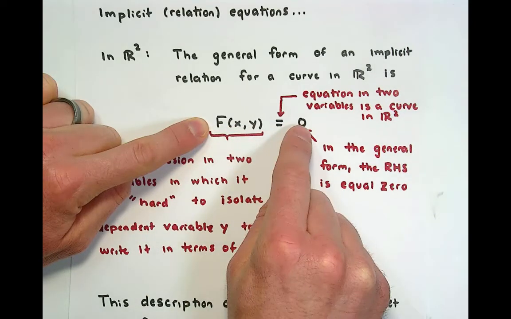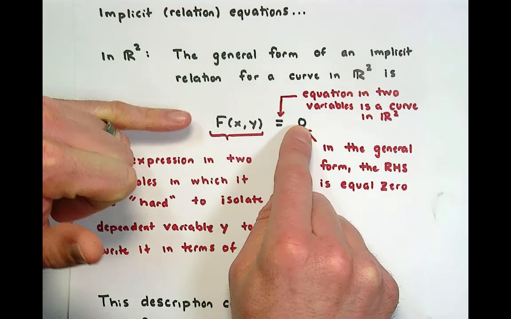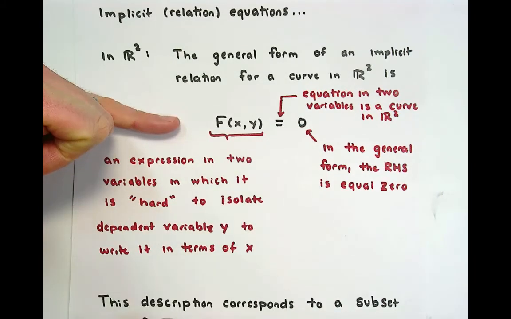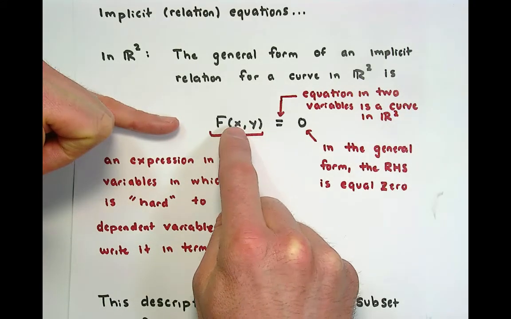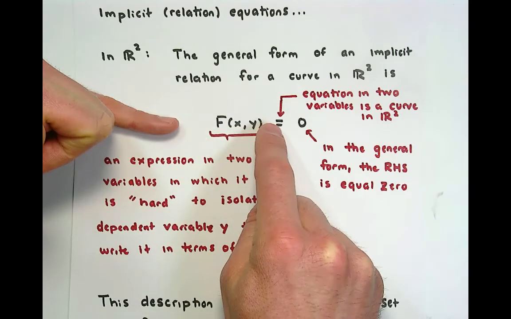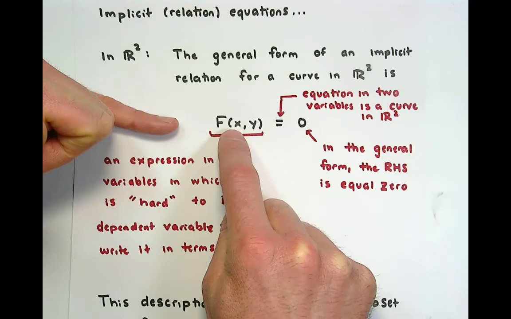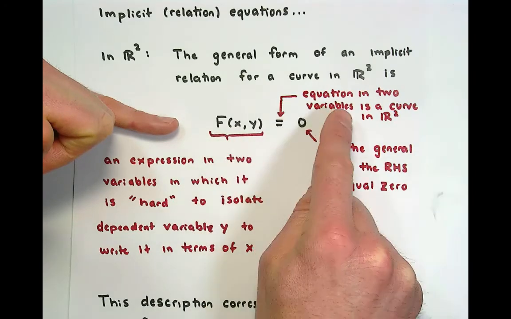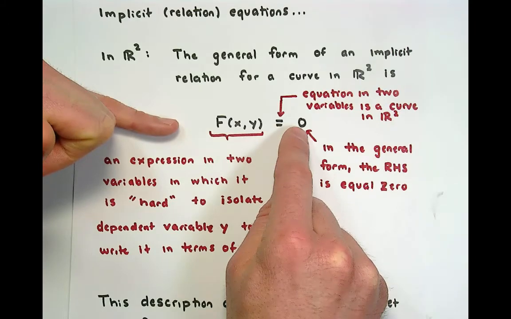So in this general form, we see that on the left-hand side, we have an expression in two variables where it's hard to isolate the dependent variable y in terms of x. The equal sign, where on the left-hand side we have two variables, so this thing represents a curve in R2, and then the right-hand side in the general form we set equal to 0.